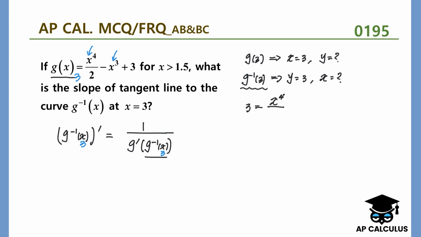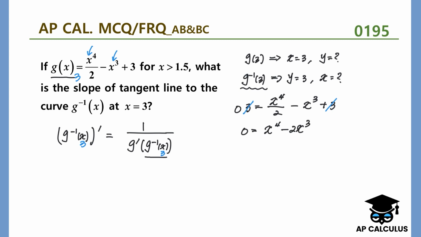So we have x to the fourth over 2 minus x cubed plus 3, right? Okay, here we have 3 on the left hand side. On the right hand side we have 3. Now this is a 0, right? So we're going to multiply by 2. So 0 is equal to x to the power of 4 minus 2x cubed, right?